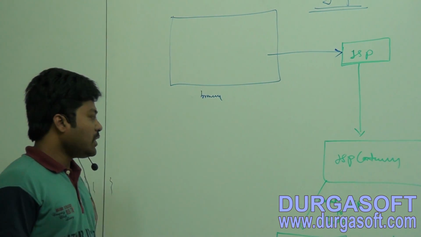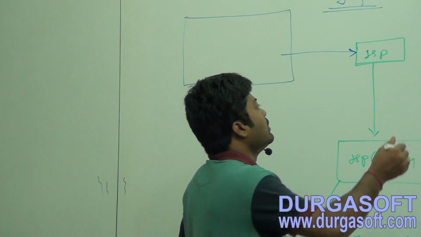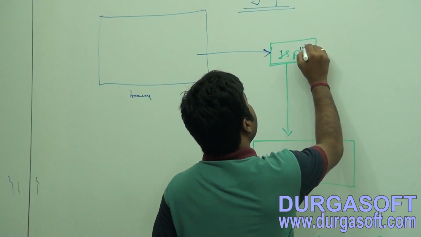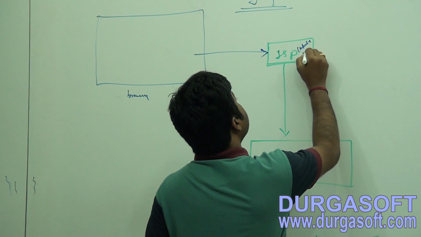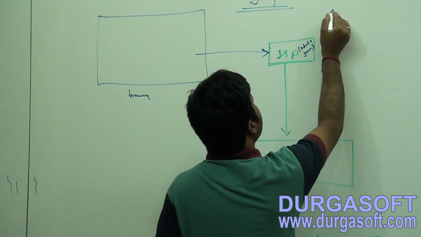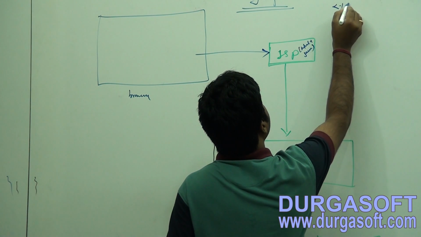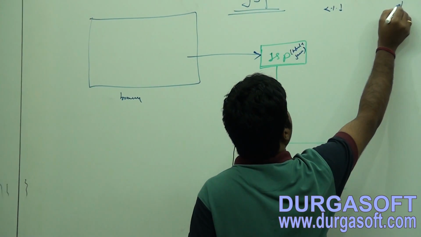And coming to the JSP page, inside JSP you can write HTML plus Java code. To write Java code, they have given multiple tags. One is the declaration tag.